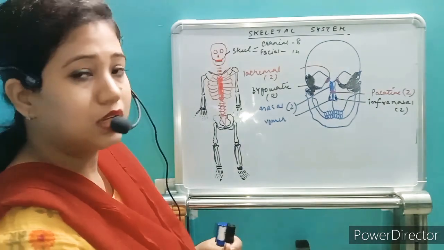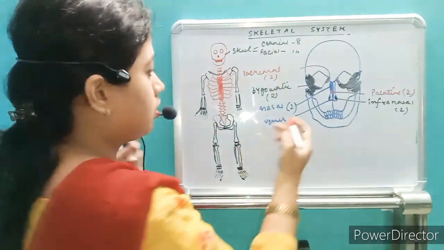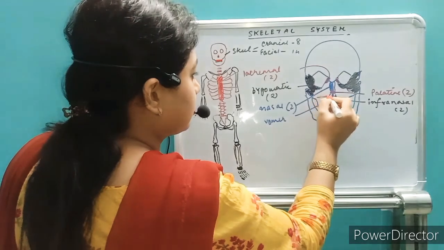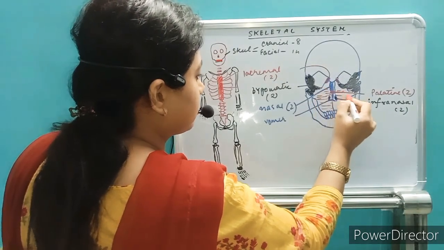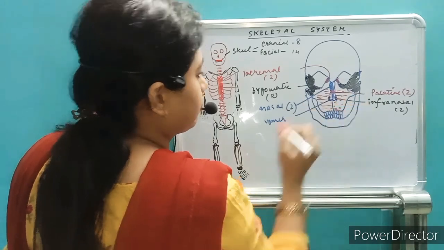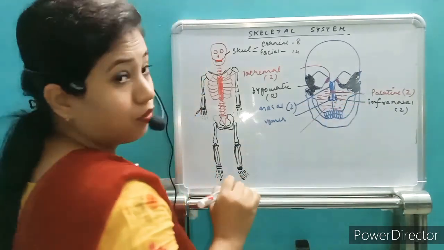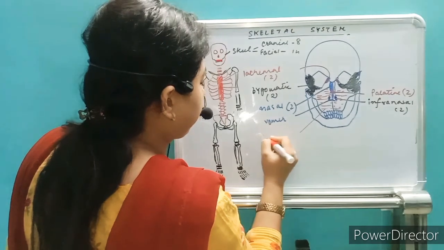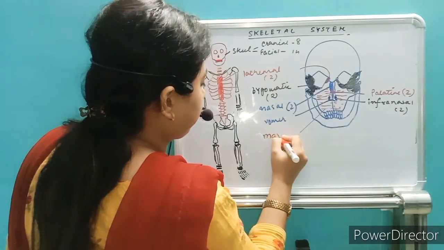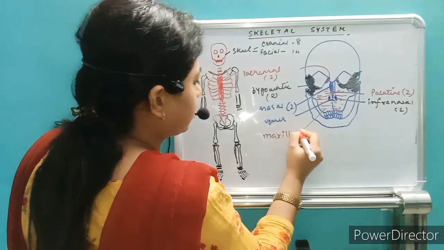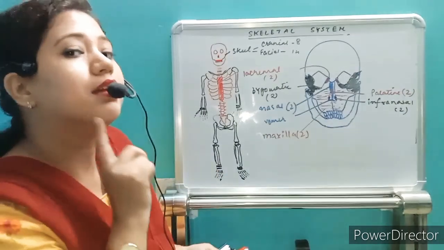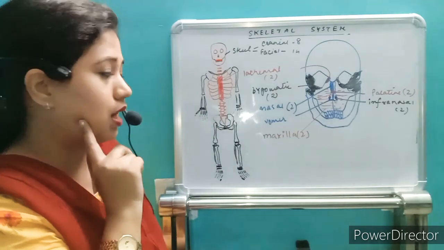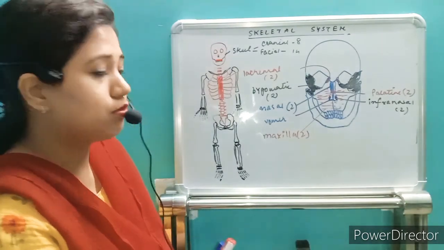Right, now the next bone, what is this? These are the two larger bones here. This will be our maxillary bone. We can say simply maxilla. And on the back here, just behind, we have one single bone.